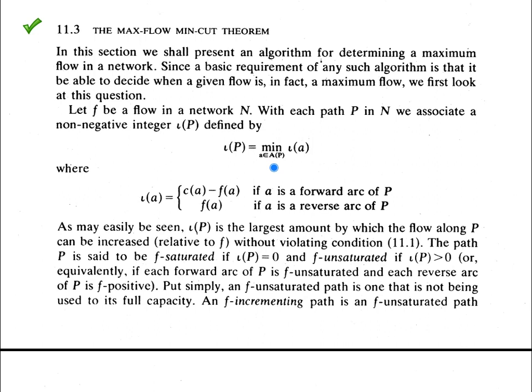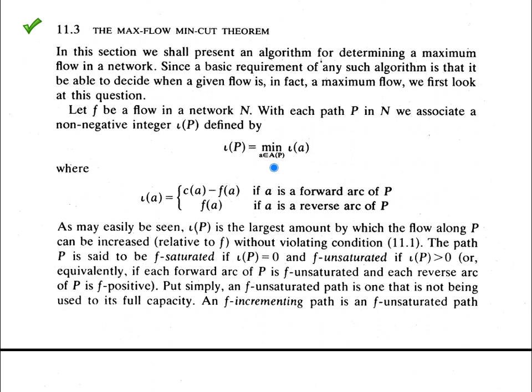If this minimum is greater than 0, surely all forward arcs are unsaturated. Otherwise, you would have 0.